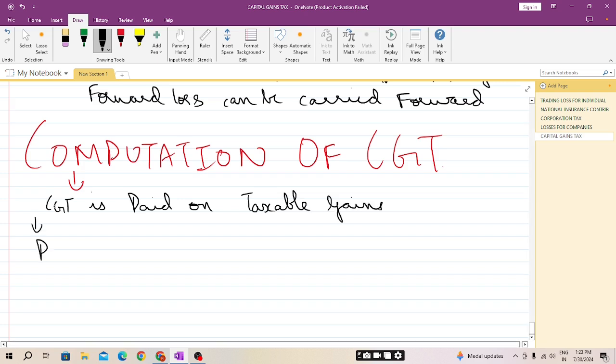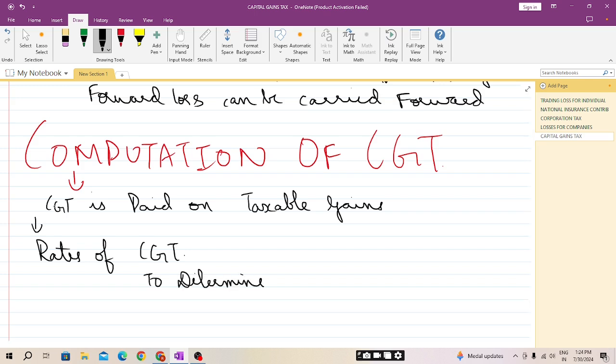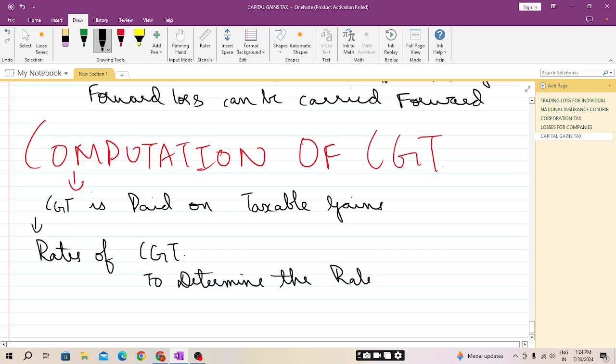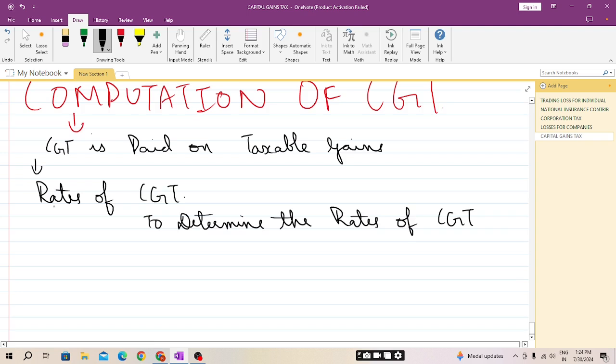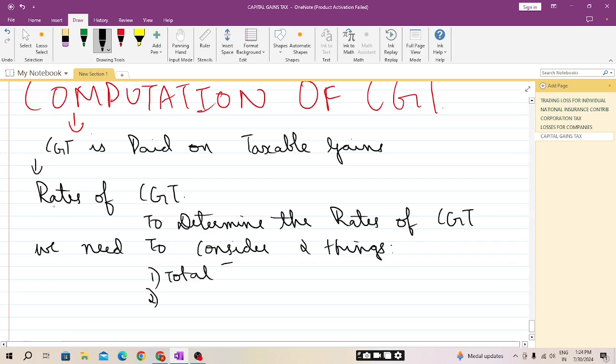Now students, coming to the rates of CGT. To determine the rate of CGT, we need to consider two things. First one is total taxable income, and the second one is the asset disposed of.